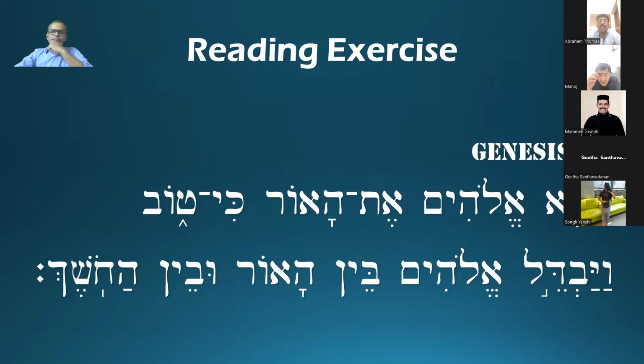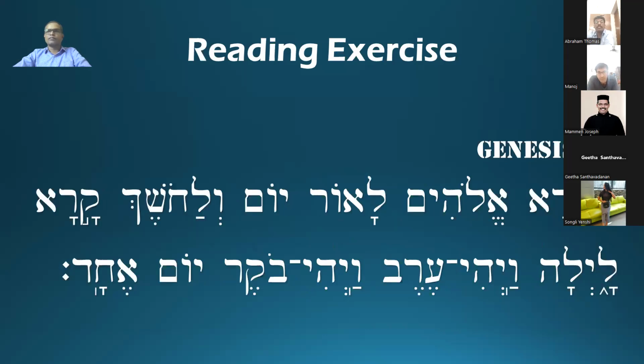Vayavdel Elohim ben ha'or uven ha'hoshek. Super. Only thing is the first one, Vayar. Yeah, that's a silent Shiva. Otherwise, it was fantastic.